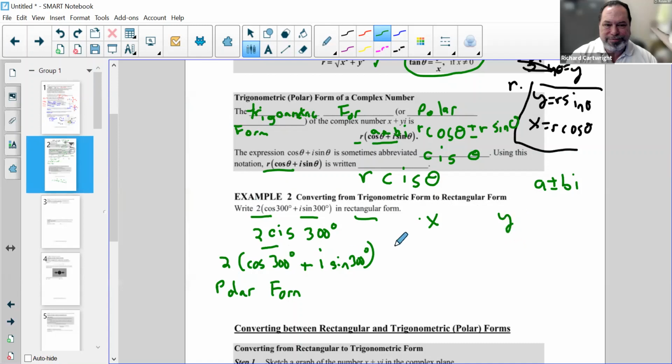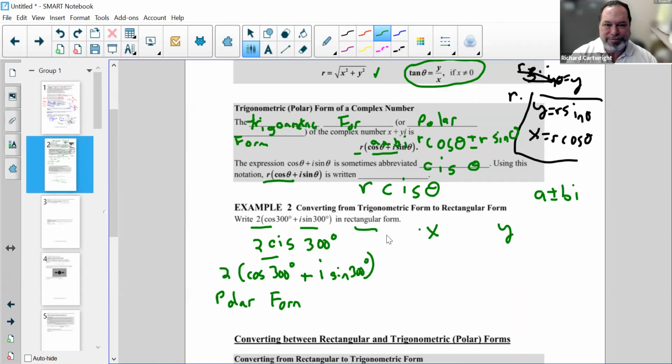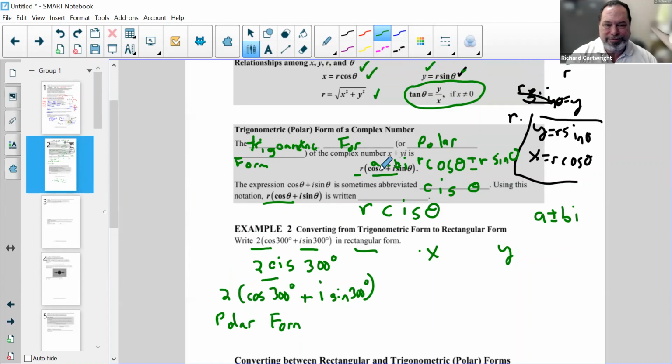Well, remember what we said up here. We said that X is R cosine of theta. So you know cosine of theta is cosine of 300. So let's see, do I need X's and Y's?